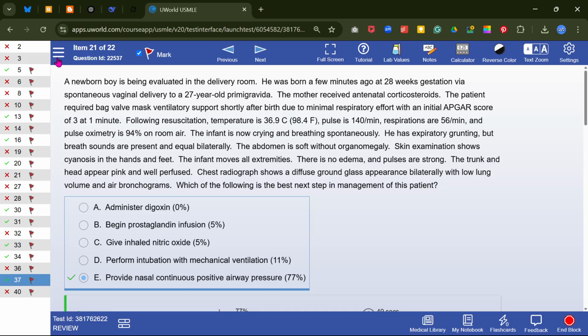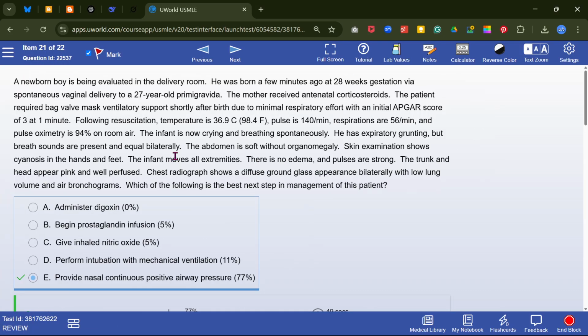Okay, the final question of NRDS. Look at 28 weeks of gestation, again preterm. The patient's mother received antenatal corticosteroid. The patient requires bag valve mask ventilatory support. Apgar score is 3 at 1 minute, very, very poor.